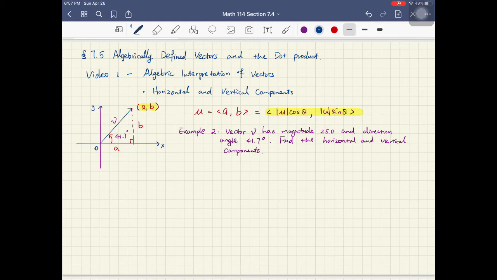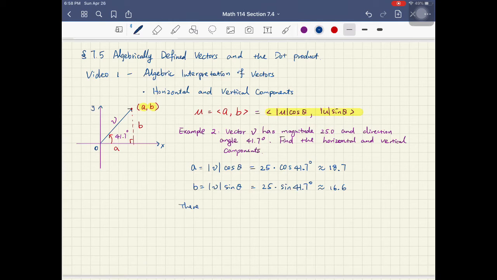So a will equal the magnitude of v times cosine of theta, which is 25 multiplied by cosine of 41.7, which is approximately 18.7. b is going to be the magnitude of v times sine of theta, which is 25 times sine of 41.7, and we got approximately 16.6.